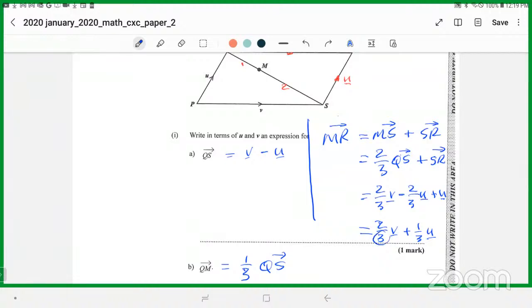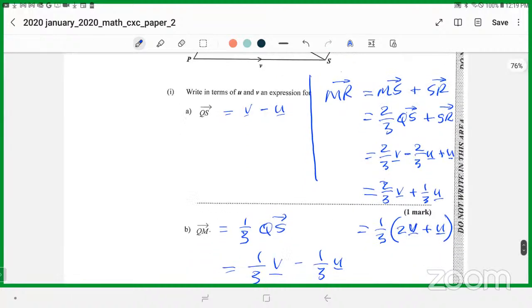So if you factorize out this third, out of this we're left with the 2V, and out of this we're left with the U. And that's what they gave us: a third of 2V plus U. So we're going to copy this down.